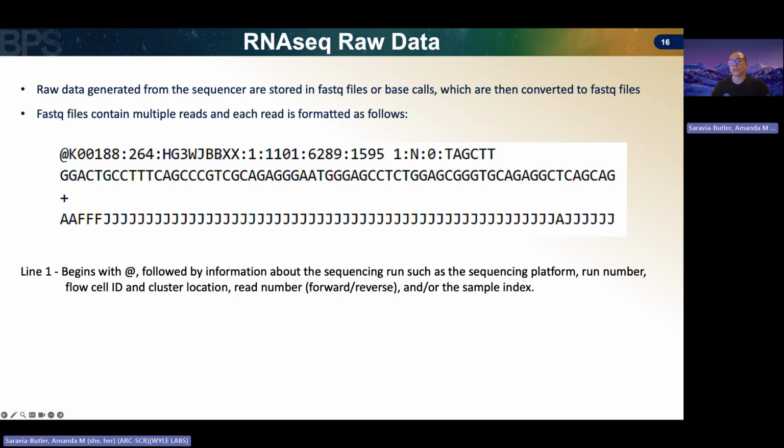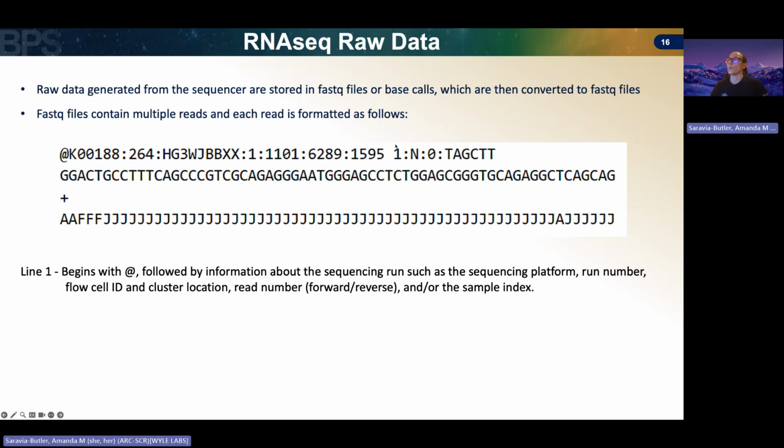It is true that some databases will change the information in this first line of your read. It is always going to start with an @ symbol, but it's good to have this information here so that you can identify the address on the flow cell that this sequence came from.